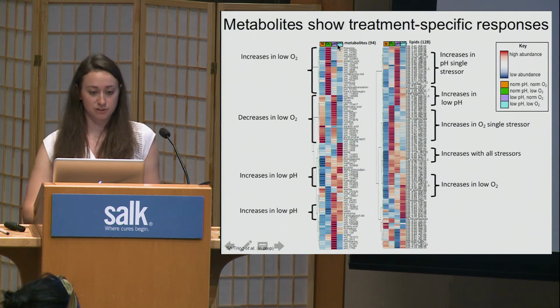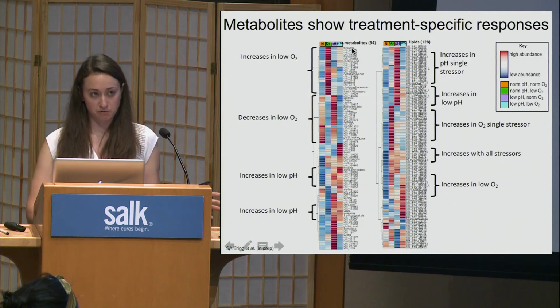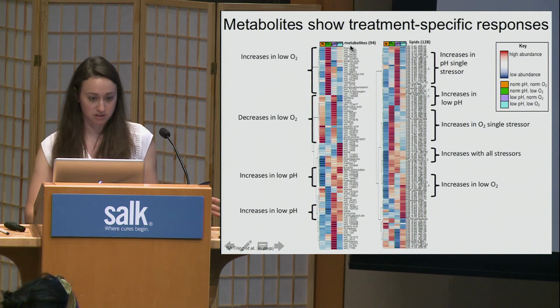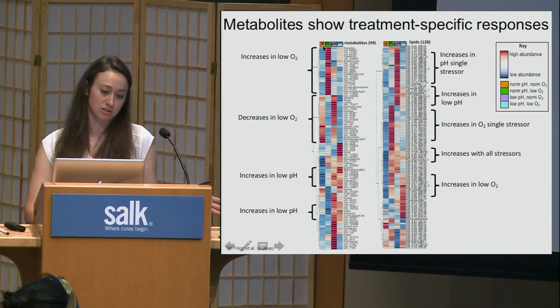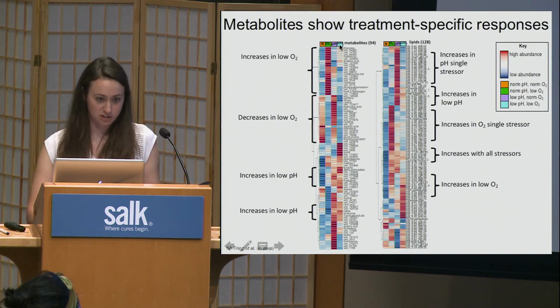And these are the different treatments across the top. So this is the normal treatment, low oxygen, low pH, and low oxygen, low pH. If we look at this one, this is threonine, we see that it shows low levels in the normal condition, high levels in the low oxygen, low in the low pH, and high-ish in the low pH, low oxygen.